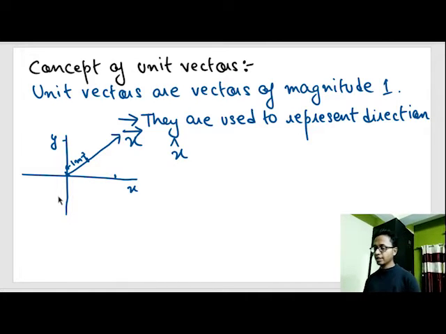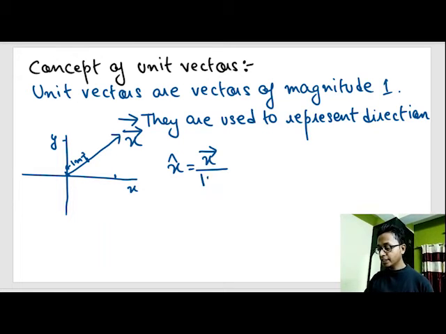The unit vector is represented by x cap, which equals the x vector divided by the magnitude of the vector. From the numerator we get the direction, and the magnitude cancels the magnitude in the denominator, giving 1. So x cap is nothing but the unit vector in this direction. How is it helpful? We'll see in the next question.